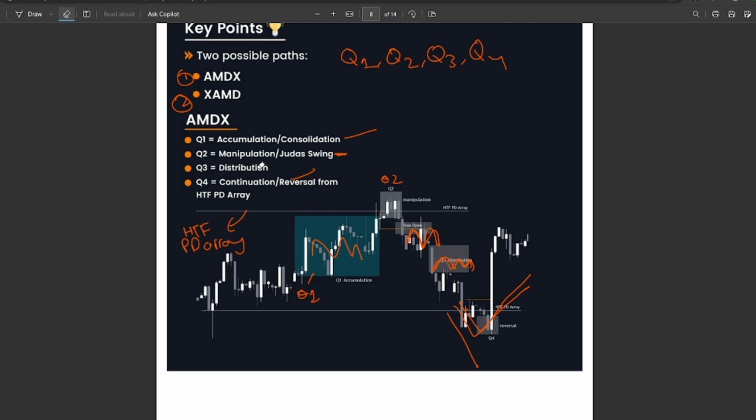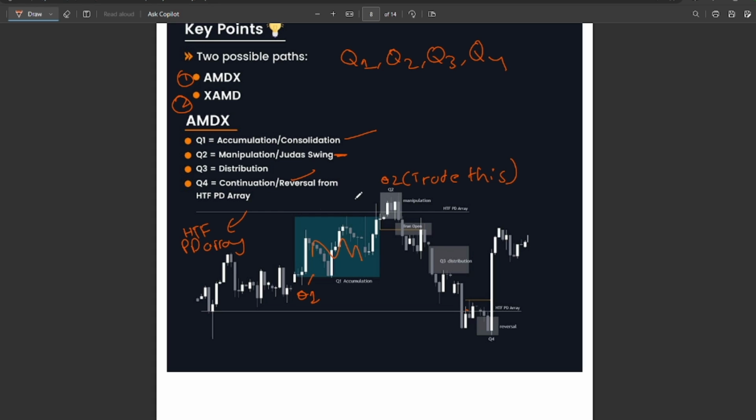So how do we execute our trades and what are the areas to trade in AMDX? The areas to trade in AMDX are the Q2 Judas swing. How will you trade here? You will take a trade in the Q2 Judas swing once this higher time frame liquidity is taken, or you can take a trade in this Q3 distribution phase once price gets below the true open.